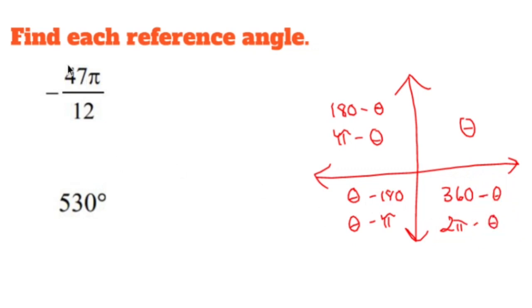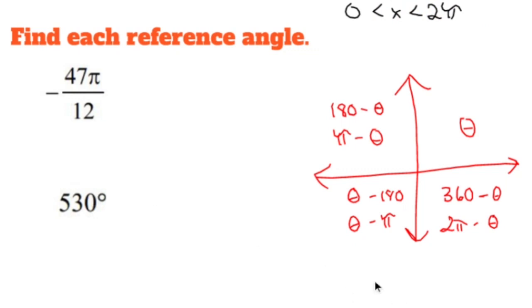Now, before we get started, we need to find out what these are in terms of 360 or 2 pi. So I need to make sure that this one is written between 0 and 2 pi.